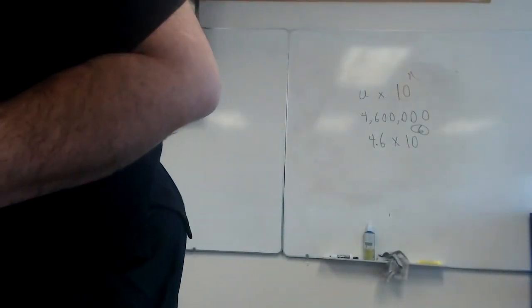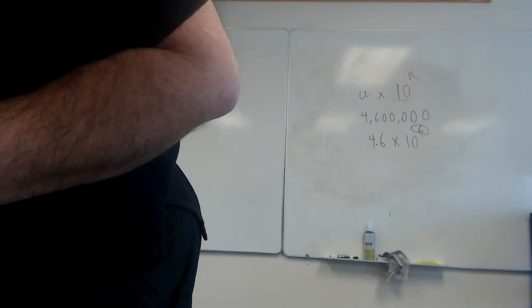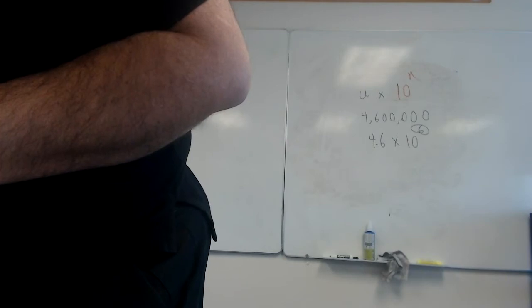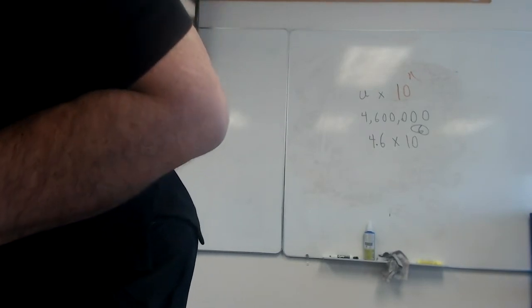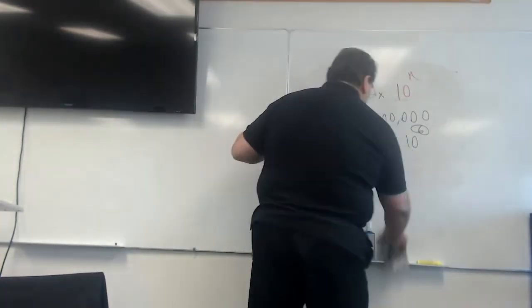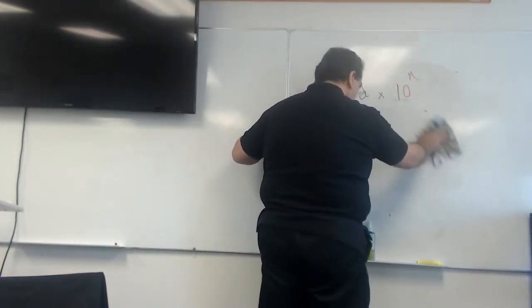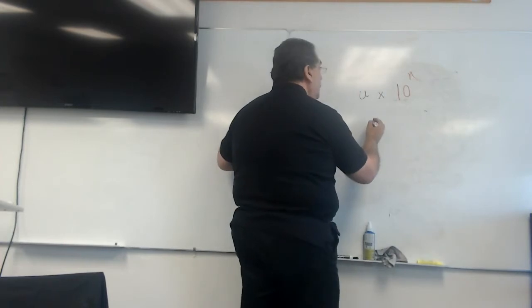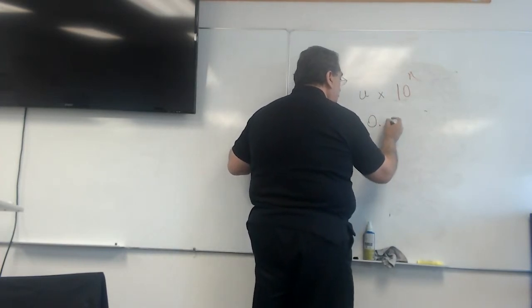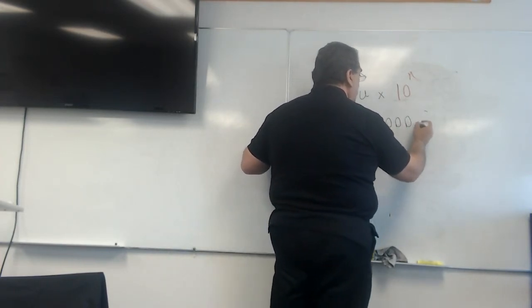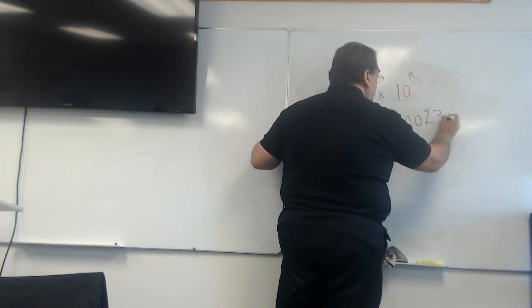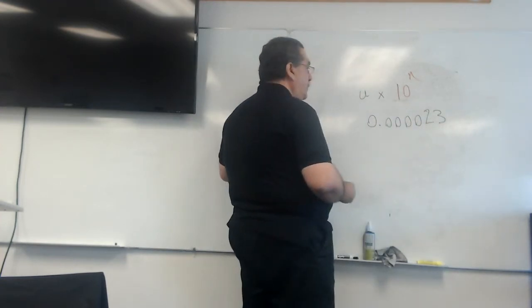Okay, let's do one which ends up giving us a negative exponent. If I have a decimal number like this, how do I write it in scientific form?